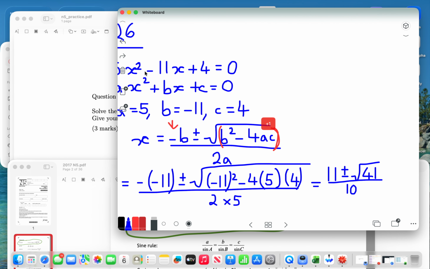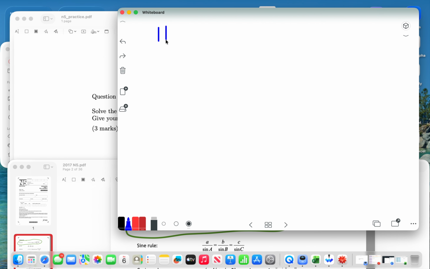I'm going to continue on this page. We get plus or minus the square root of 41 divided by 10.